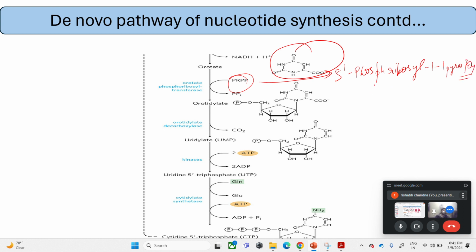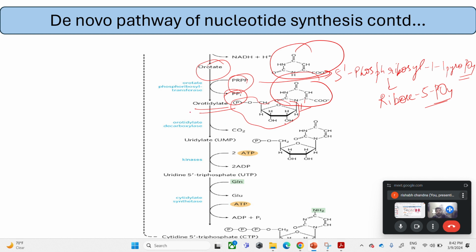Okay, so this is a precursor for the ribose 5-phosphate. So as we can see here, orotate is attached to the ribose 5-phosphate. So this is the orotate molecule that is attached to the 1-prime carbon of the ribose sugar, that is the ribose 5-phosphate, releasing the pyrophosphate group. Okay, that is attached to the 1-prime end of the particular sugar, forming orotidylate.